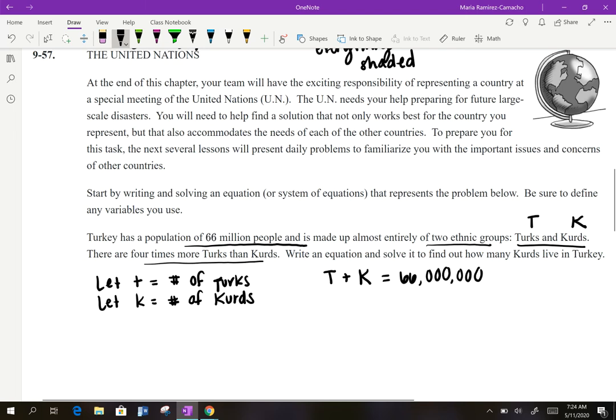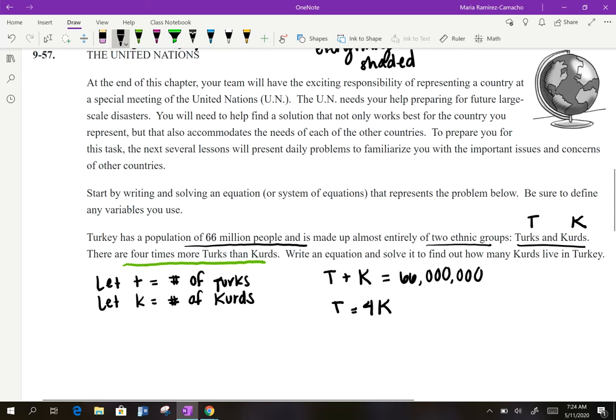Okay, and then this part of this sentence says there are 4 times more Turks than Kurds. So the number of Turks is equal to 4 times the number of Kurds. You might be tempted to say, hey, Ms. Ramirez, wouldn't it be 4t equals k?